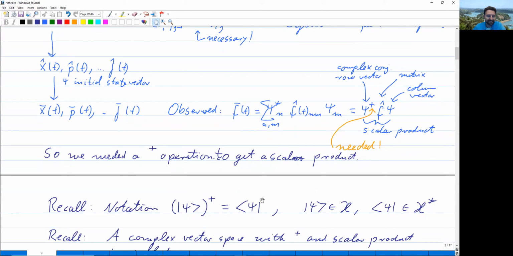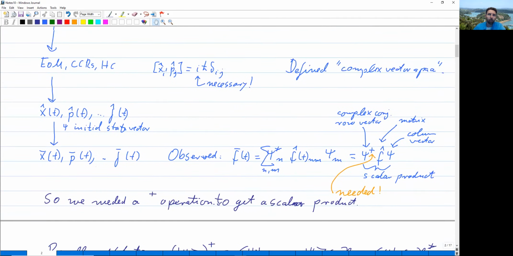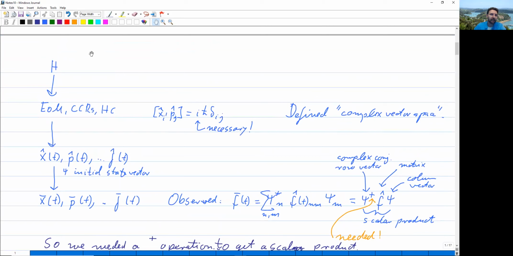Or are we? Not quite yet, because while we went down this hierarchy of abstraction, all the way from the Hamiltonian to the number value predictions, there was one more thing we encountered, namely right here. Recall, this is only possible in infinite dimensional vector spaces.